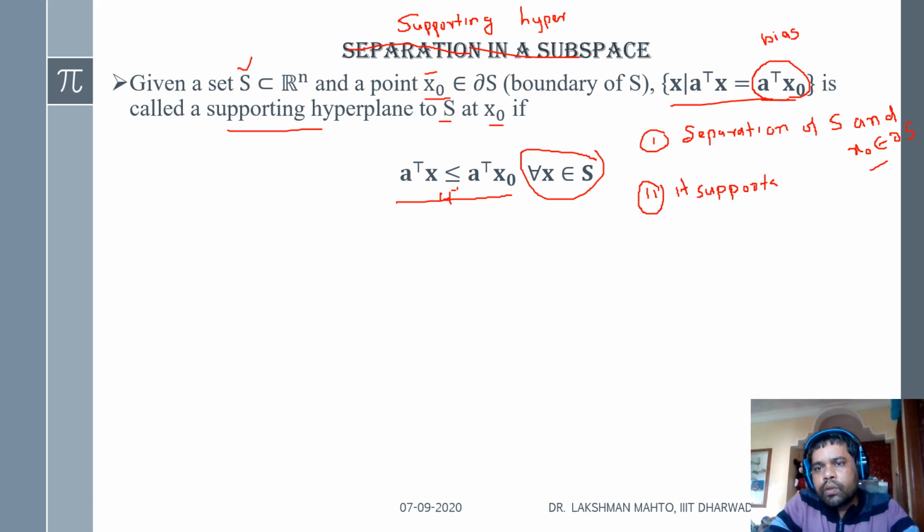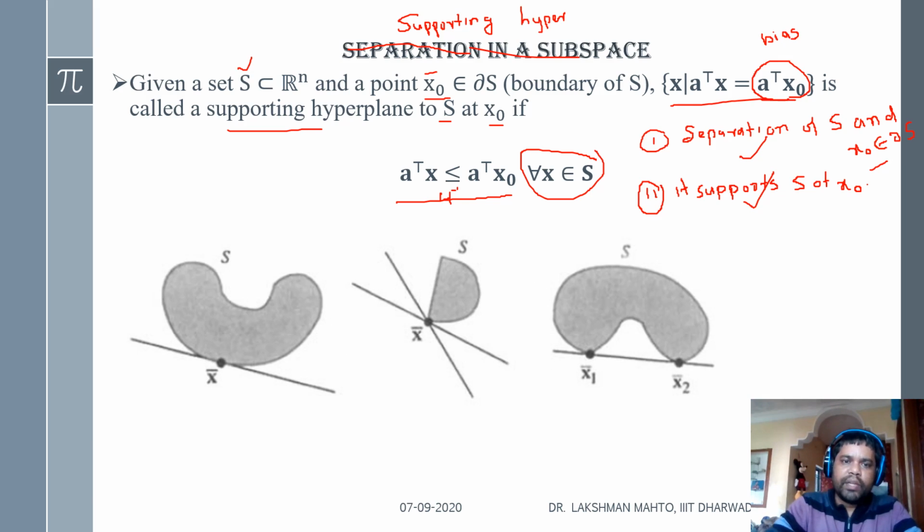The hyperplane also supports the given set S at point X naught. So it is having a dual job of a supporting hyperplane. One is talking about separation, another is talking about support.